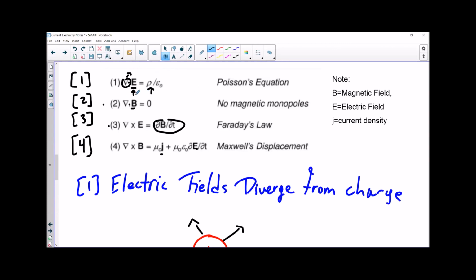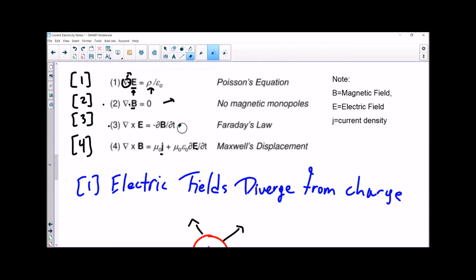So in other words, this equation says electric fields diverge from charge. The second equation says magnetic fields do not diverge. Rewording that, because magnetic fields don't go away, it means that you can't have a north pole without a south pole.